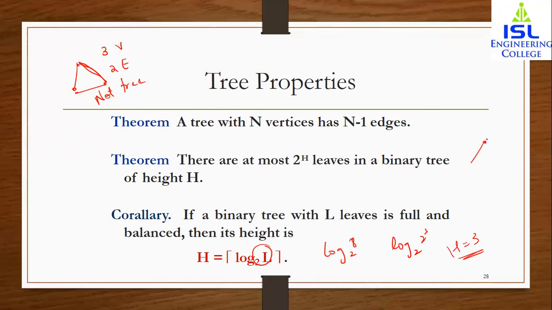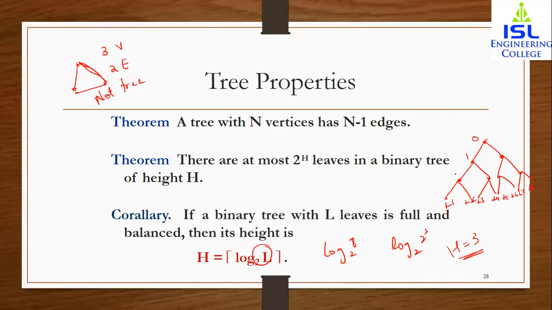So let's draw. We have 1. Now for this we will have 2, now for each of them we will have 4. Now for these we will have 8 children. So there are 8 leaves, L1, L2, L3, L4, L5, L6, L7 and L8.